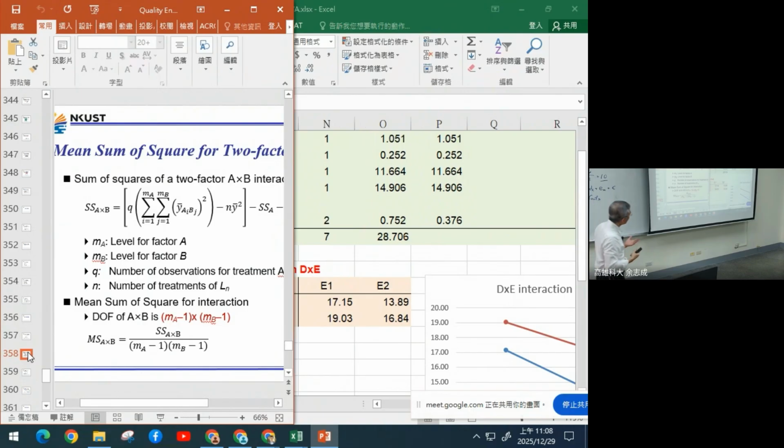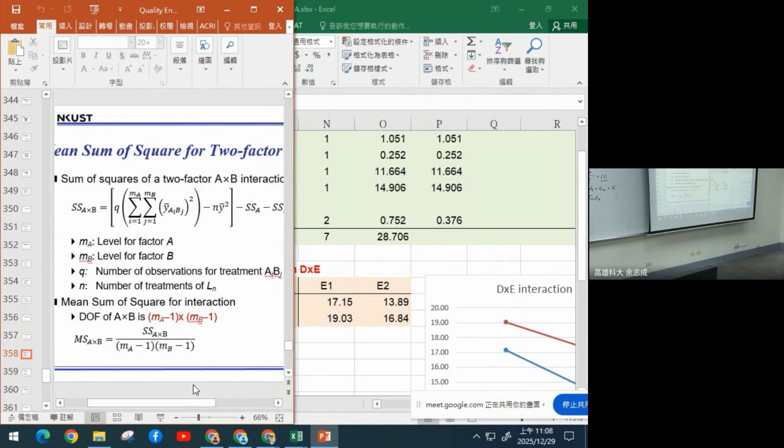But because L8, we can know what is the Q and what is the level. So you substitute that into the number, but we can also still start from this equation. This is how we calculate the sum square due to the interaction AB.